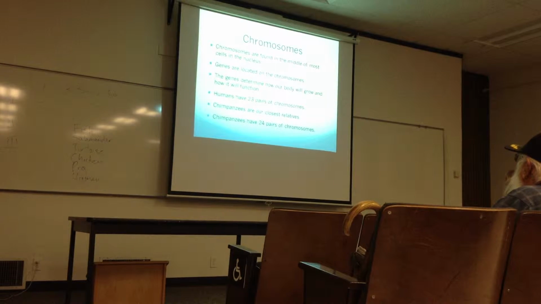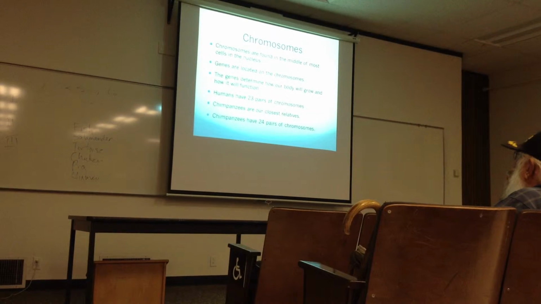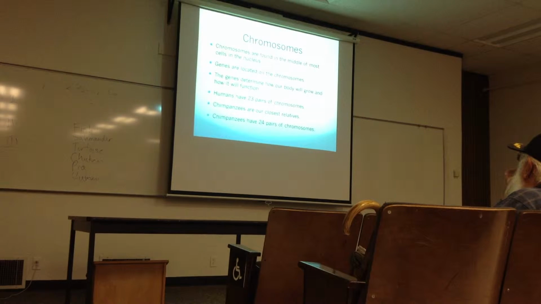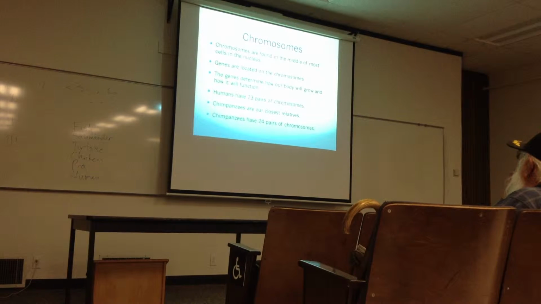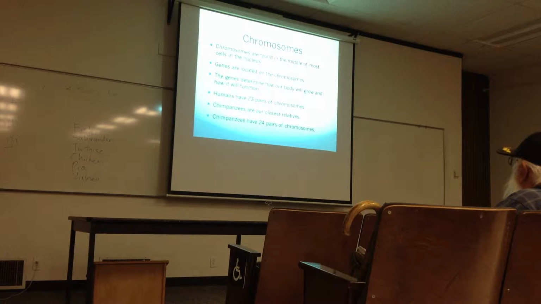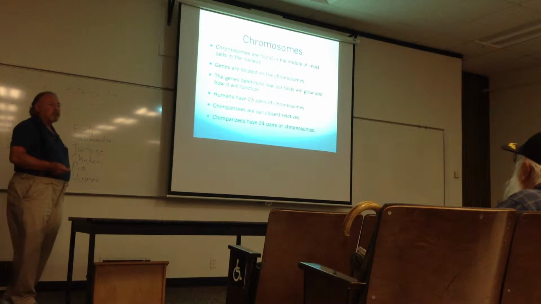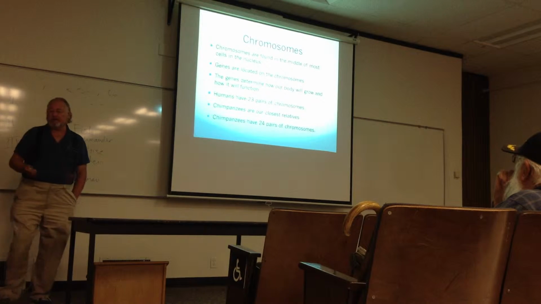Chromosome just means colored body. Chromosomes can be stained, and then you can see different regions. The genes determine how our body will grow and how it will function. Humans have 23 pairs of chromosomes. Chimpanzees are our closest relative. Chimpanzees have 24 pairs of chromosomes.